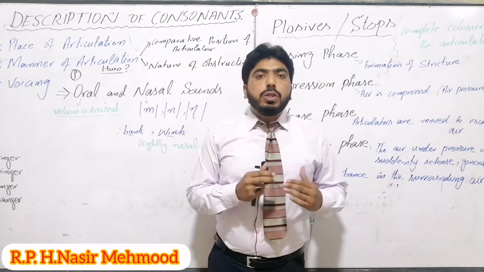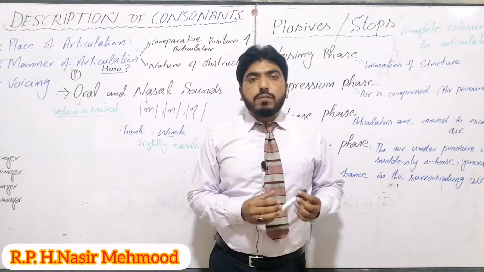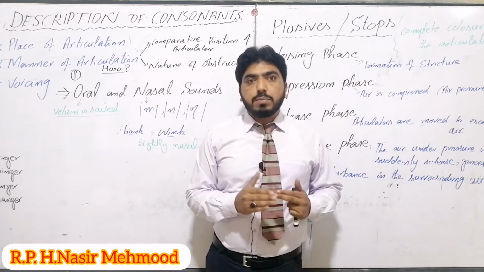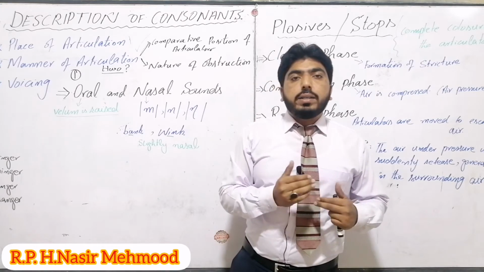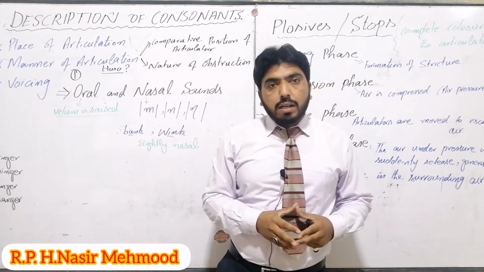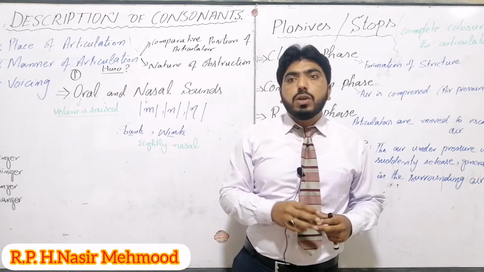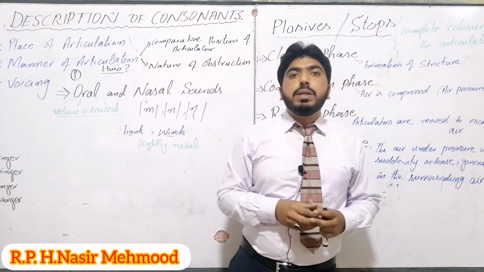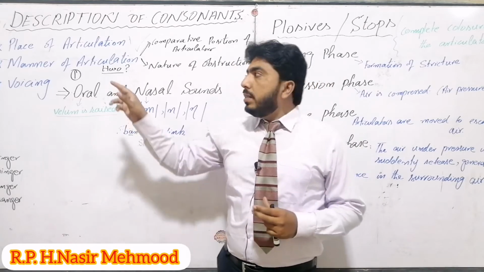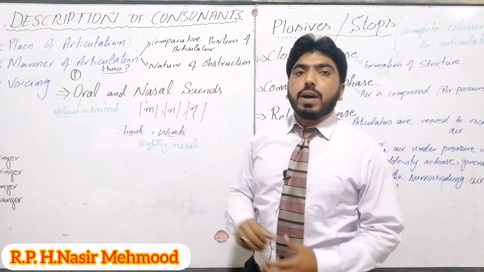We use different articulators for the production of different sounds. Sometimes we use the upper teeth along with the movement of our tongue, and sometimes both lips are used. So the comparative position of different articulators will be observed while discussing manner of articulation.